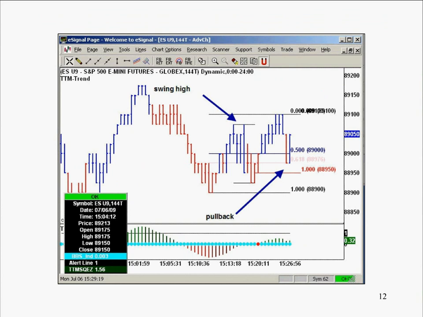All right, so this is an example of a 144 tick chart in the S&P, and it's an example of a trade setup where you could buy it when you took out the prior swing high. So that would be one entry.